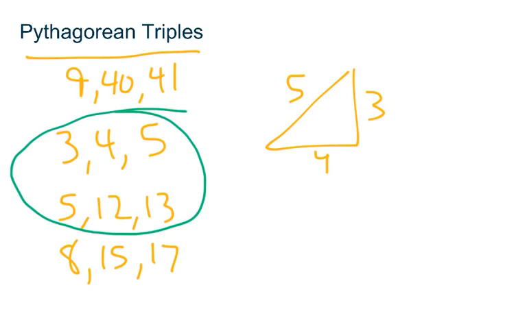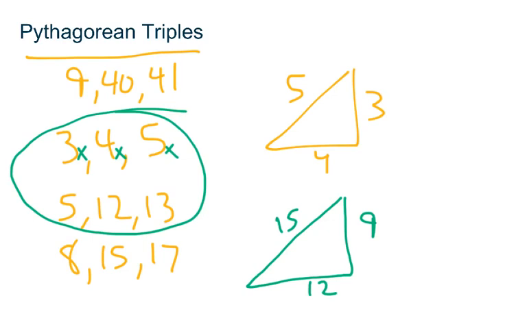Now, what someone can do to disguise these Pythagorean triples is to multiply each of these by a constant factor. And so, for example, you could have a 3, 4, 5 that's disguised as 9, 12, and 15, where all we've done is we've taken 3 and multiplied it by 3.